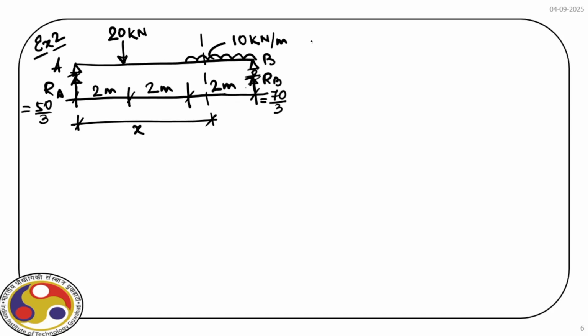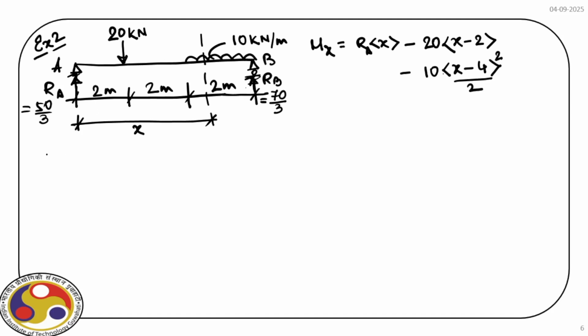And for that section, Mx is equal to RA times x minus 20 times x minus 2 minus 10 times x minus 4 square by 2.